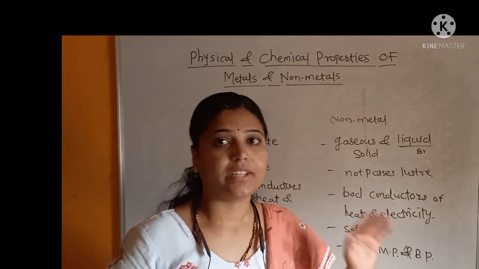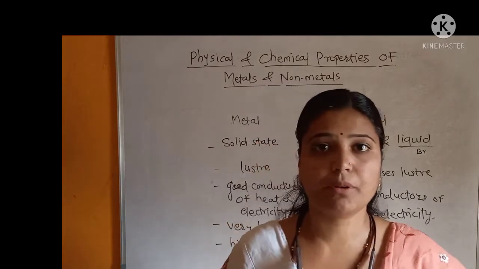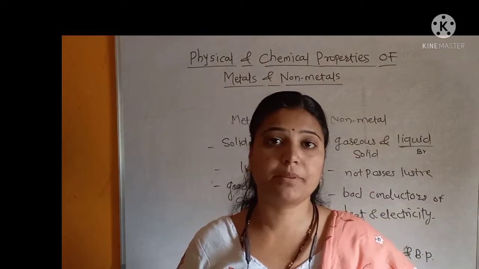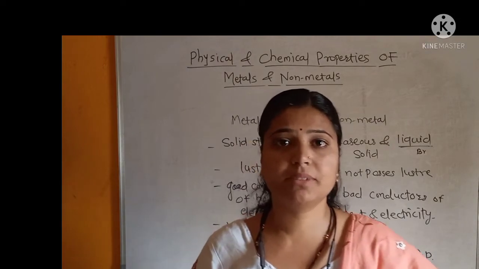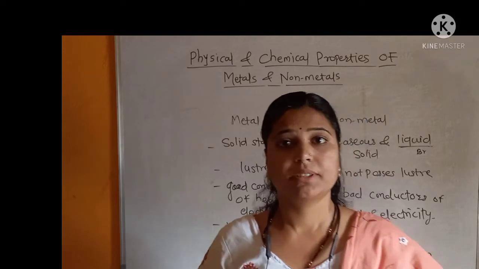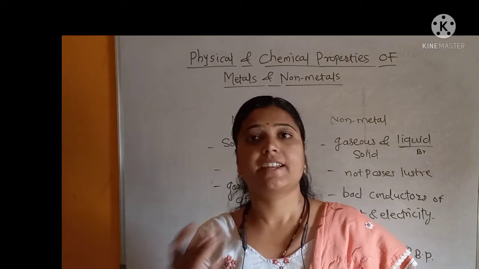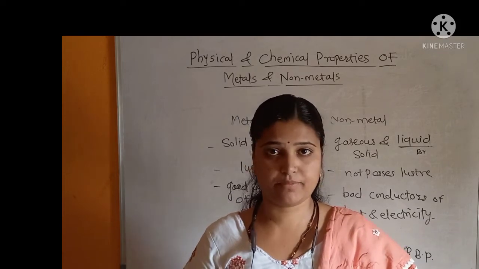We stop here, and in the next lecture we will see the chemical properties of metals and non-metals. Chemical properties means what happens when they react with water. We know that when iron reacts with water in the presence of oxygen, corrosion of iron happens.